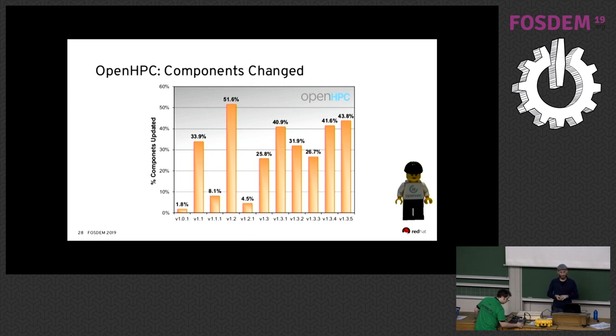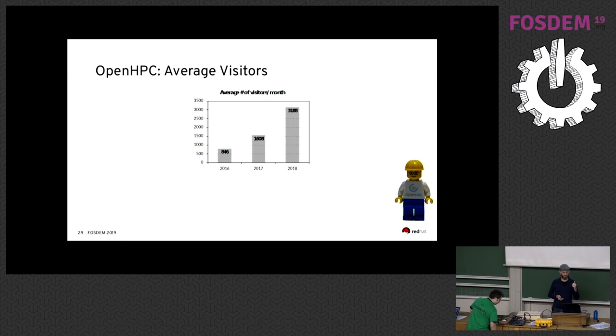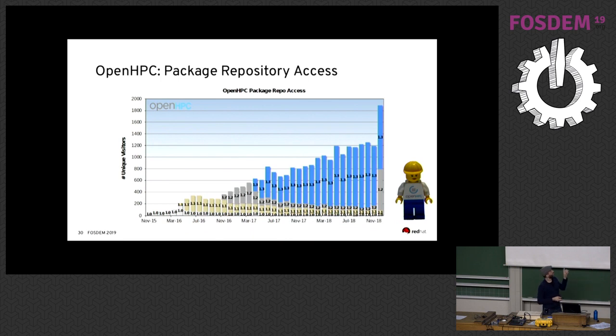And then we have another diagram about our users. So you see also the number of users grows slowly over the years. And this is what people are downloading from us. You see in the beginning they downloaded 1.0, and then they usually switch pretty soon to the new release.